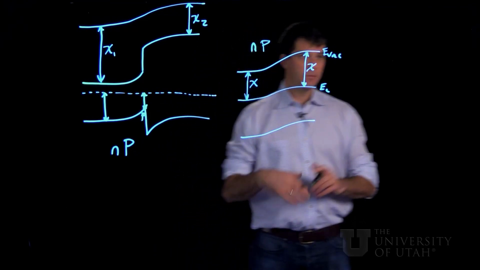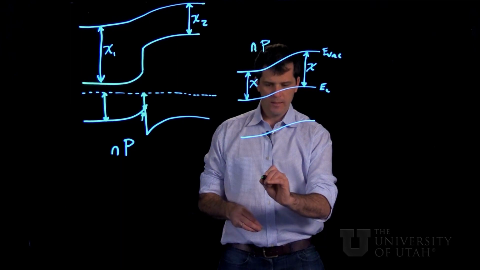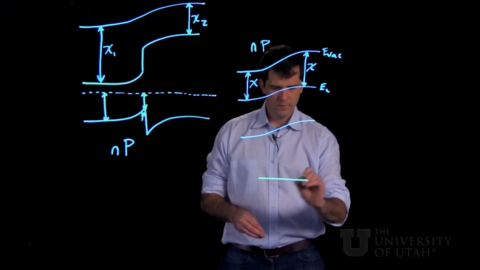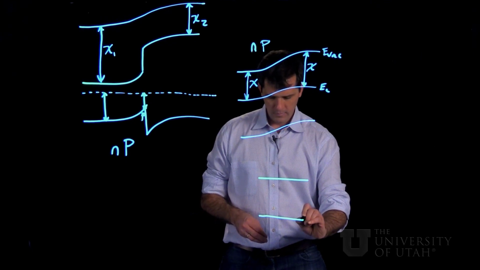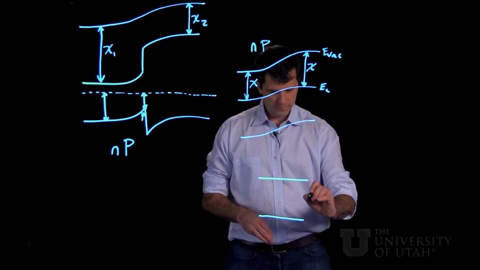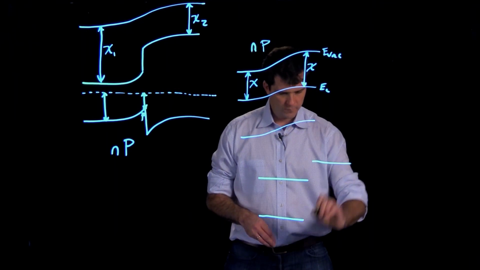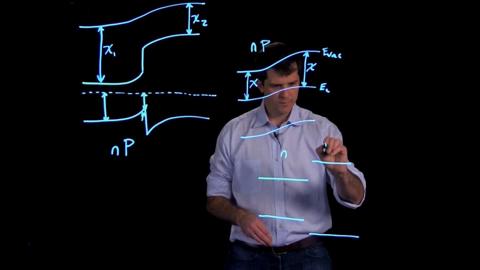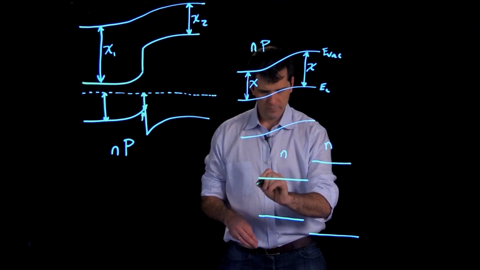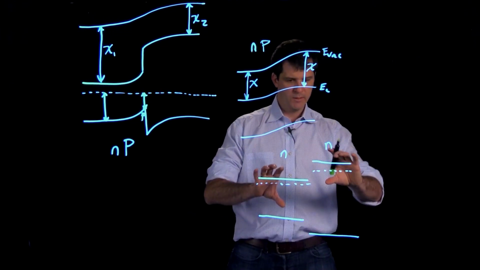Now, it turns out if you make what's called an isotype heterojunction, so the classic example is N-type gallium arsenide in contact with N-type aluminum gallium arsenide. So the band alignment is type 1 like this. And if we make both of them N-type, the Fermi level will be here in this one and here in this one in the beginning.